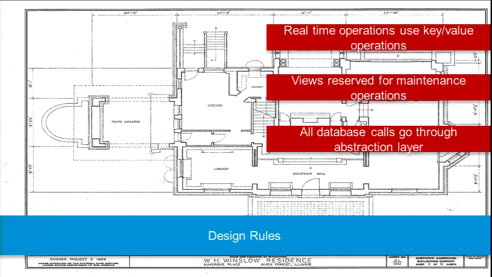We reserved views for maintenance operations, and there's two reasons for that. One is that they are a more finite resource on Couchbase, especially the higher levels of consistency you need on views, the more finite the rate of view queries you can do.